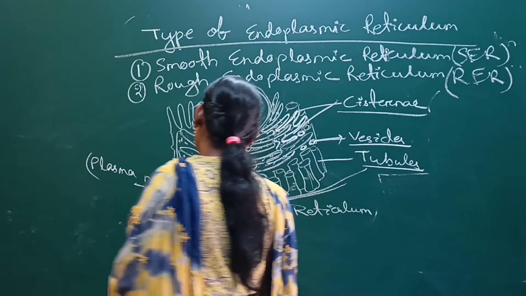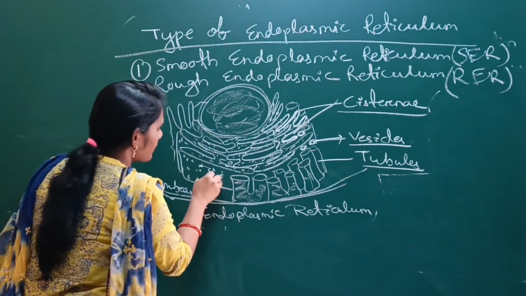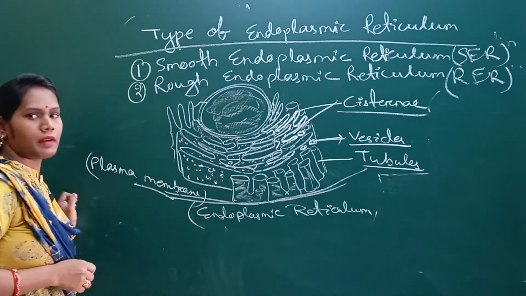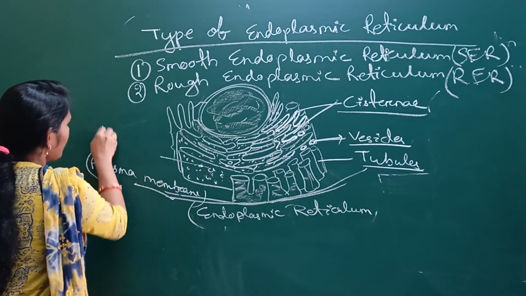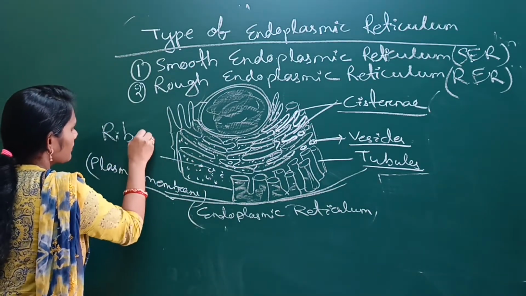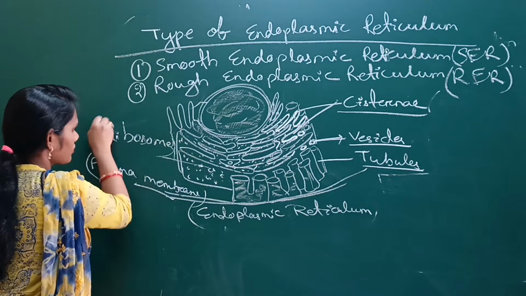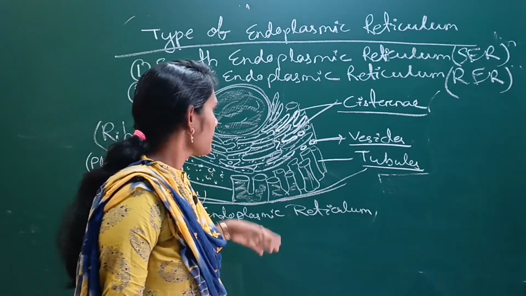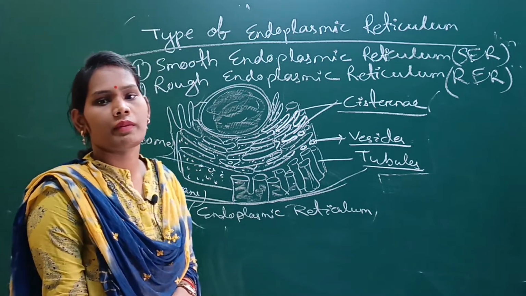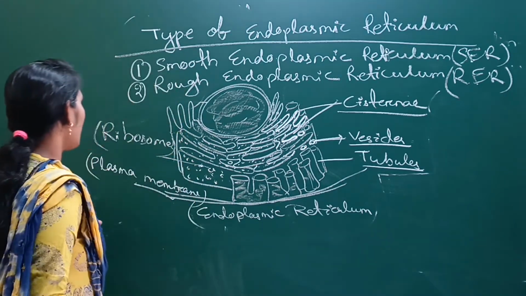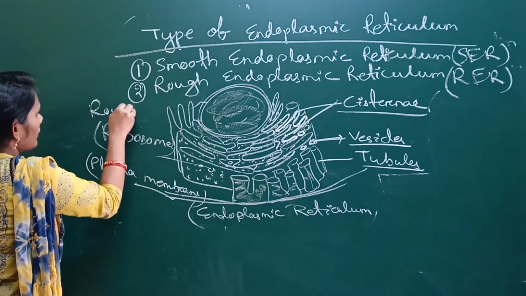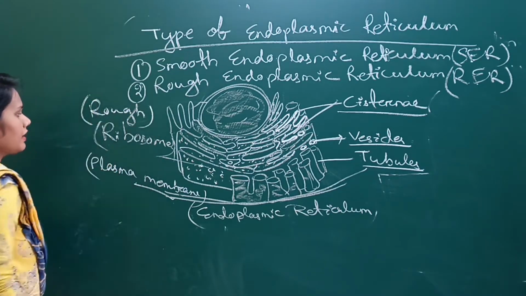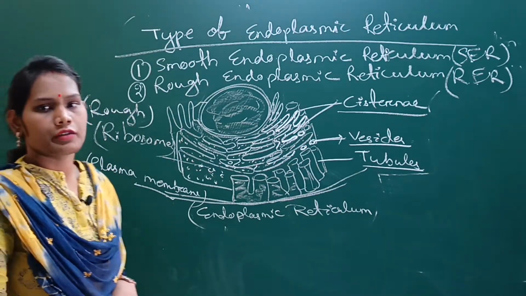Okay, so if ribosomes are present on the surface of endoplasmic reticulum, these are the ribosomes, the granule-like structures, then it is known as rough endoplasmic reticulum, and it has a rough appearance. So that's why it is called rough endoplasmic reticulum.